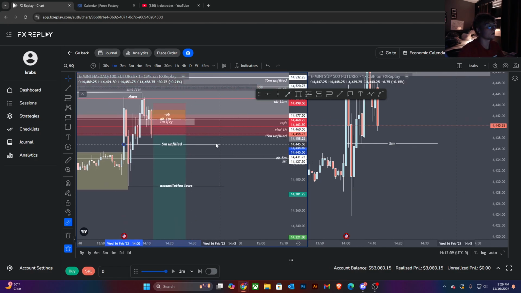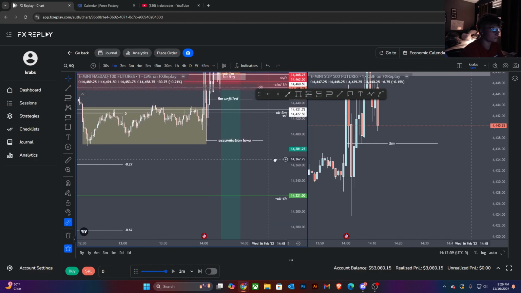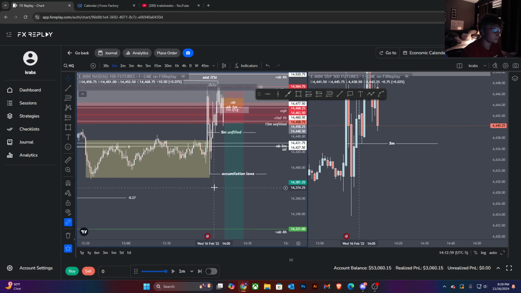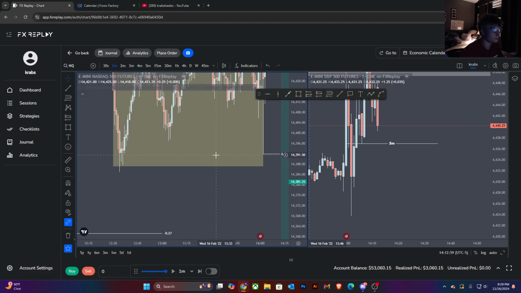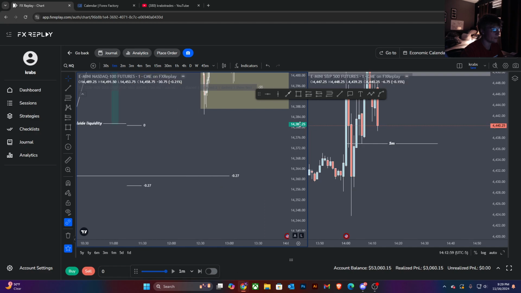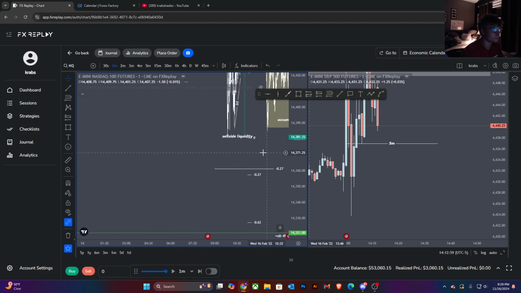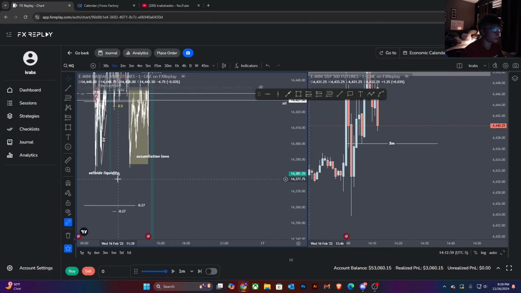And what I'm gonna do here, I don't think I'm gonna break even at this 5 minute. Let's see, do we have any equal lows as well? Relative equal here. Or sell side here.